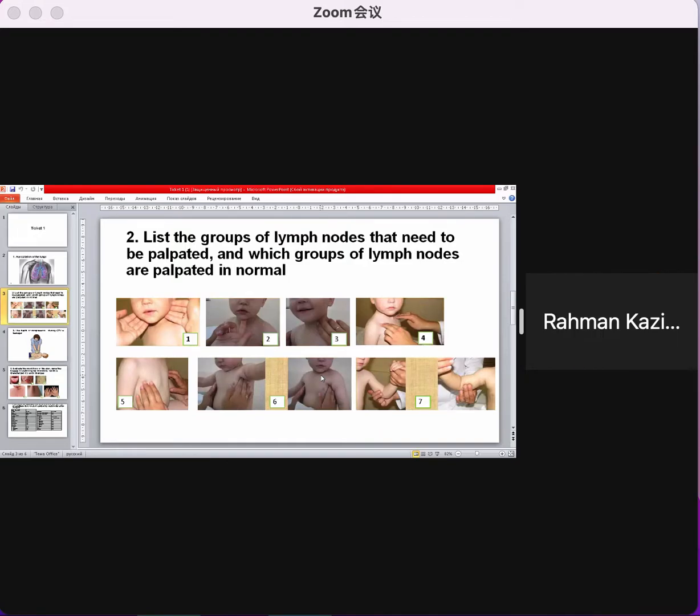Cervical, anterior cervical, sternocleidomastoid. Yes, cervical, anterior cervical, and also posterior cervical. Yes, these groups we can palpate in normal.